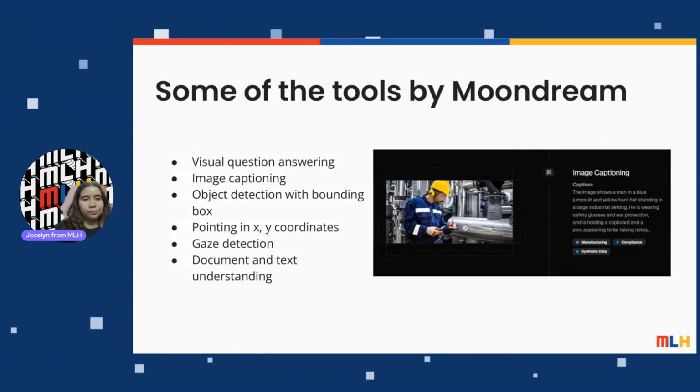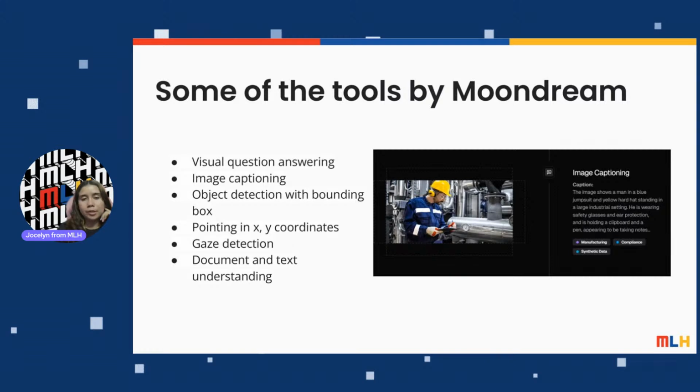So there are several tools that you can use inside the Moondream suite. The first one is visual question answering. For example, if you upload an image, then you can ask the image things like how many people are in the image, or can you identify several things in the image.